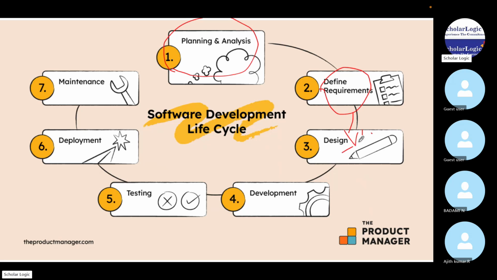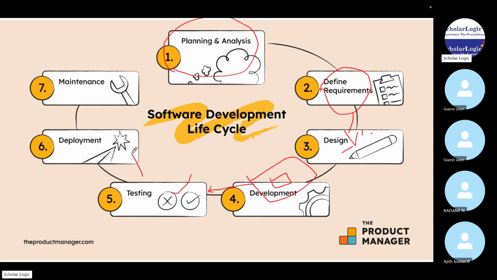Then we go with the designing, where we do high level design and low level design: what the different modules are, and how they interact with each other. Then the development work starts, where developers start writing the code, and senior and lead developers integrate the code into a small application that is deployed and tested in the local environment.